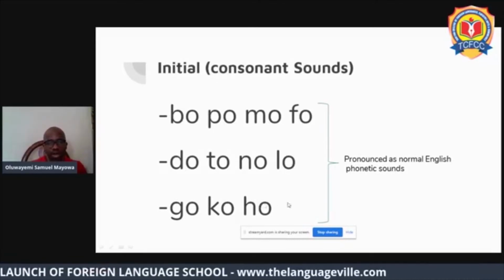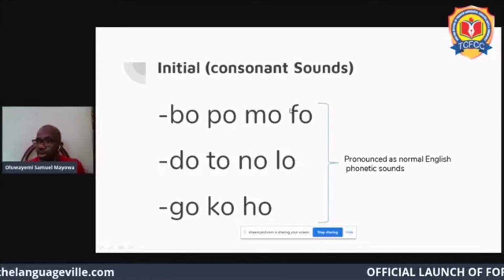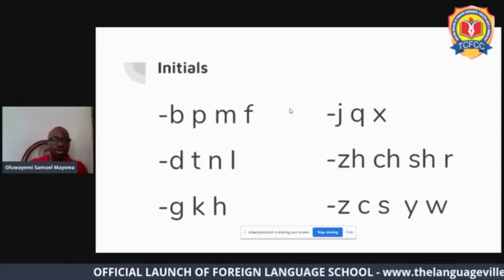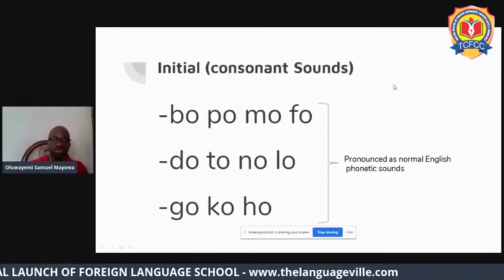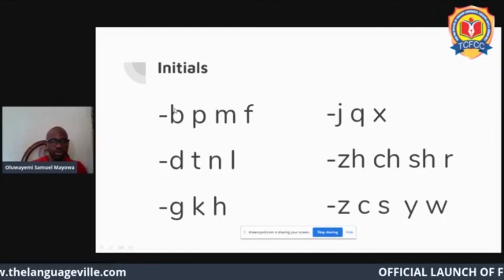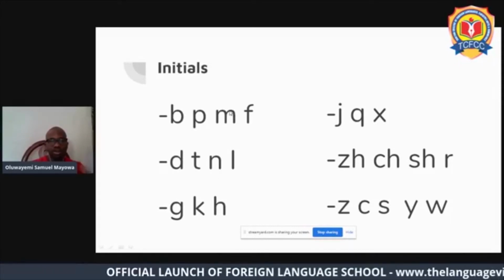This is h. These letters are grouped to sound like English phonetic sounds.